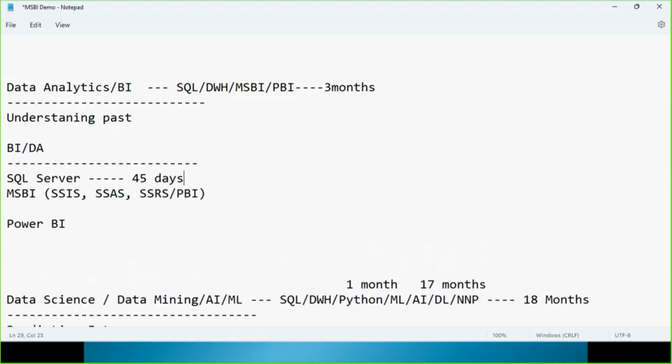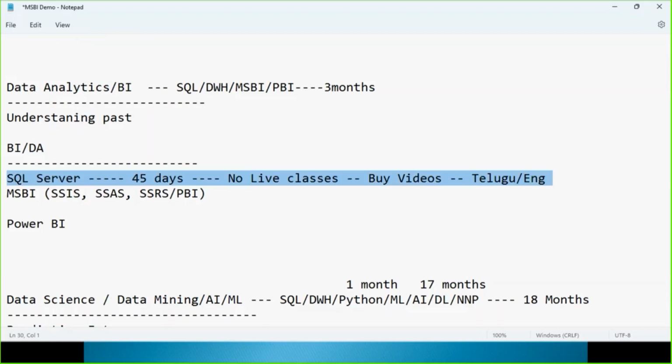This will be for 45 days. We don't have live classes for it, but you have to learn. How do you learn? You have to buy the videos of SQL Server, which are available in Telugu and English. You have to buy these videos and start learning from tomorrow. And from Monday we are going to start MSBA.